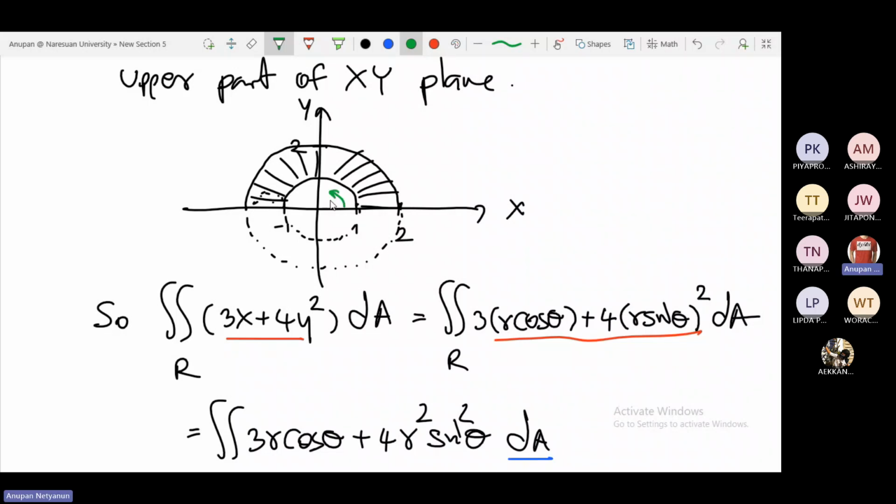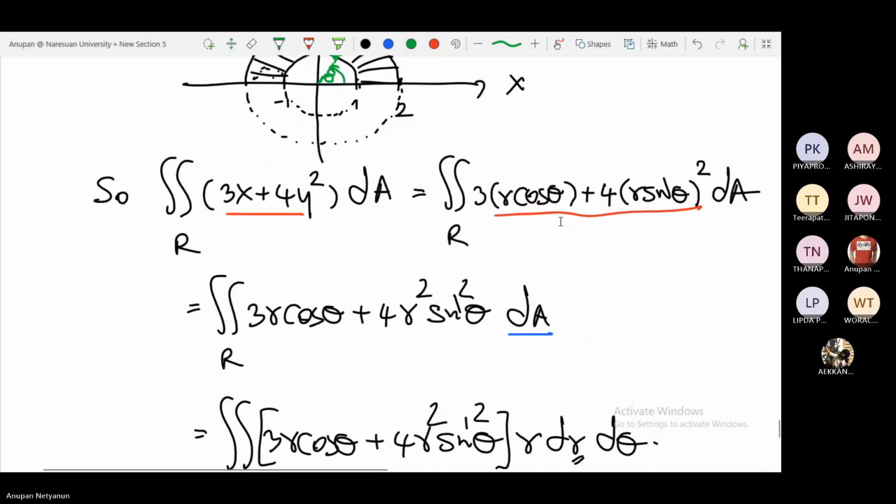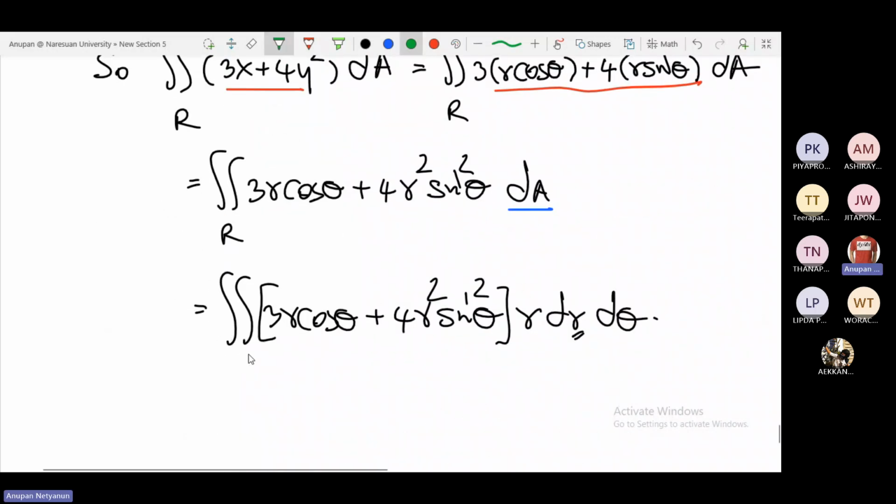So this is my fixed theta, so I can form the line. And you can see that at this fixed theta, you are running from this point to this point. This r starts from radius 1, all the way to radius 2, because it's on the circle of radius 2. So my running number for r is going to be from 1 to 2.